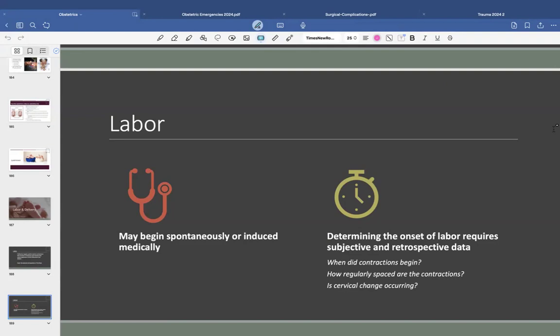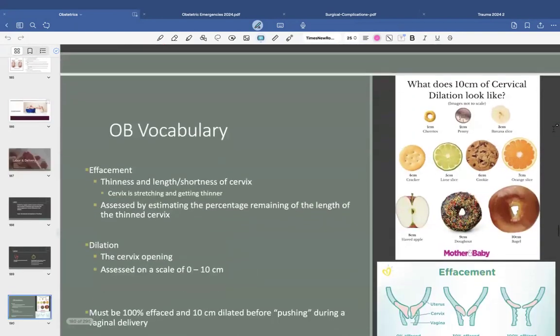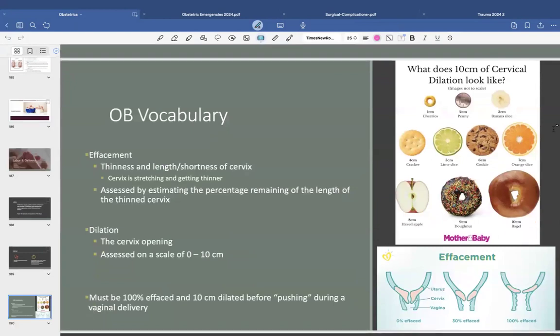So first, we're just going to do some brief vocabulary. For this lecture, some of this stuff is going to be repeated at the end. So we'll talk about the vocabulary so you'll understand what these terms mean, like effacement. Effacement is the thinness and the length or shortness of the cervix. So in pregnancy, as we get ready for labor and delivery, the cervix is stretching and getting thinner.